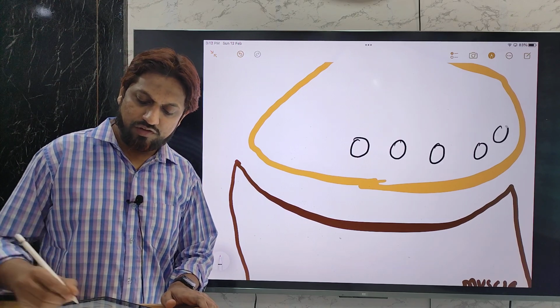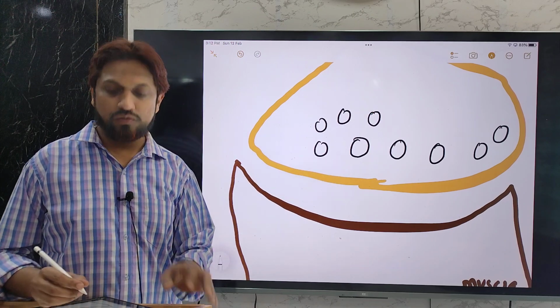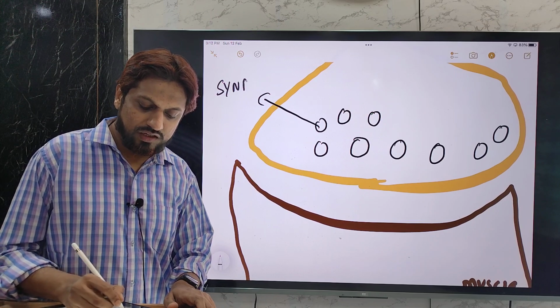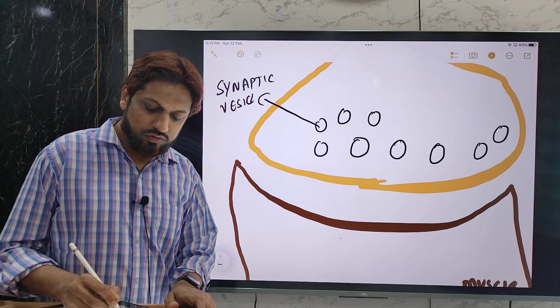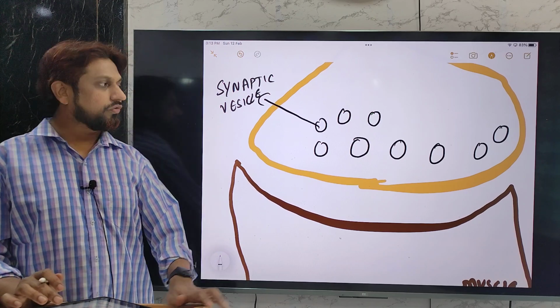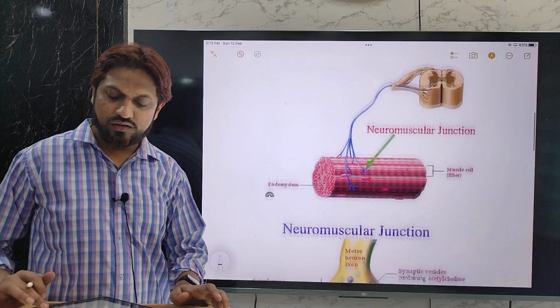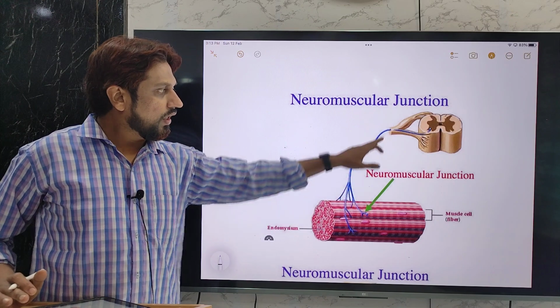Nearly 3 lakh such vesicles are present in each neuronal terminal ending, and these are termed synaptic vesicles. Now, these are protein in nature, so they are generally produced or manufactured in the cell body. So this is the axon here. What is a nerve?